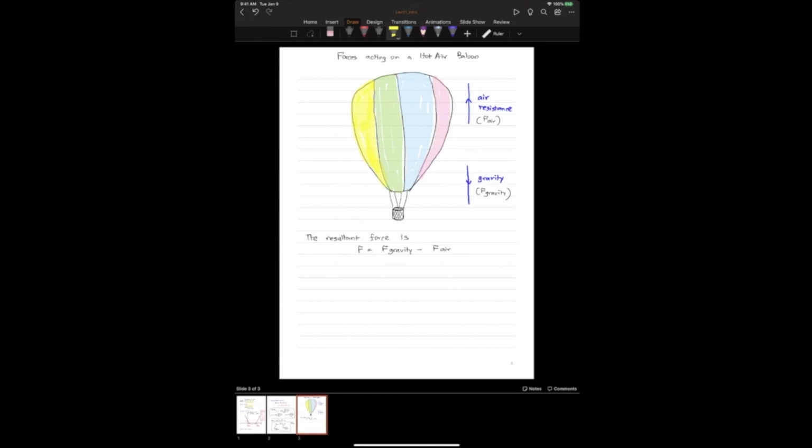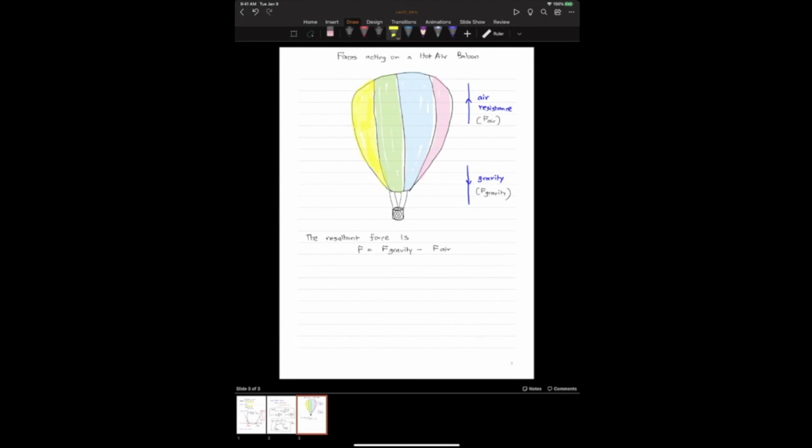And then the air resistance: since the balloon is holding a gas that is lighter than the air, it wants to go up, so it gives a force on the opposite side. We will call it the air resistance.